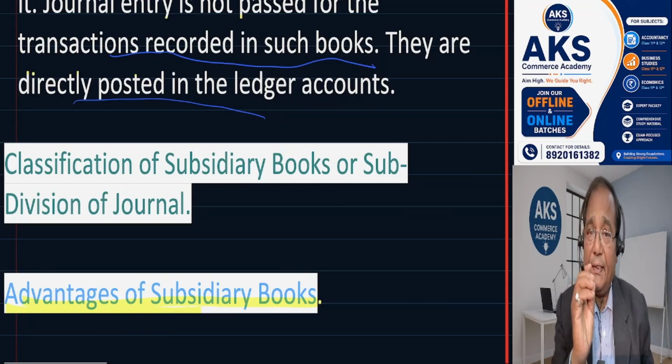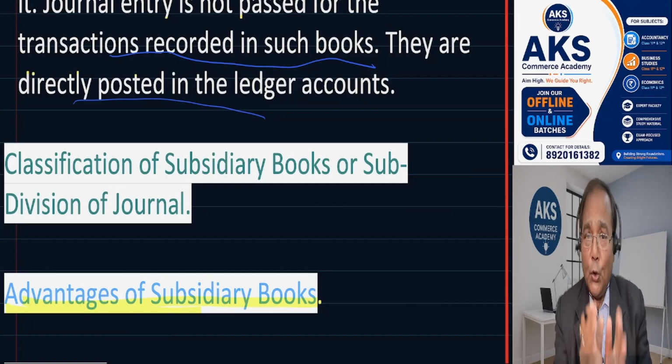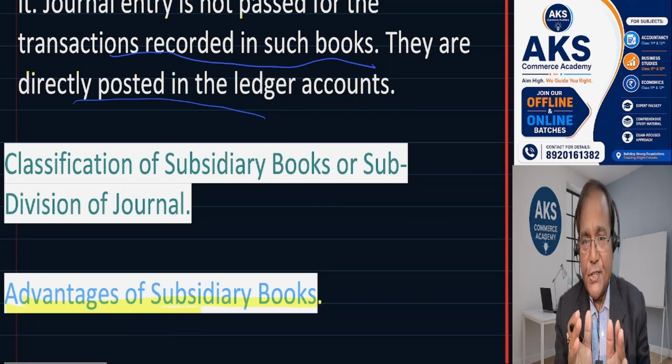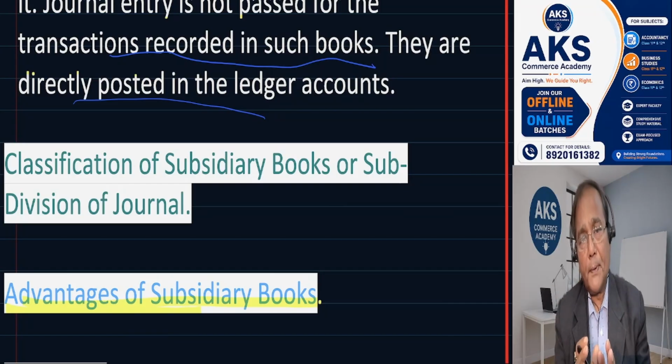But there is no separate account maintained, because subsidiary book is both the primary book of original entry as well as the principal book, which is called ledger. So for the entries which are posted in subsidiary books, there will not be a separate account prepared for that particular subsidiary book.